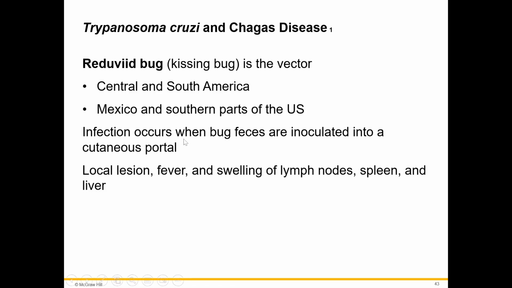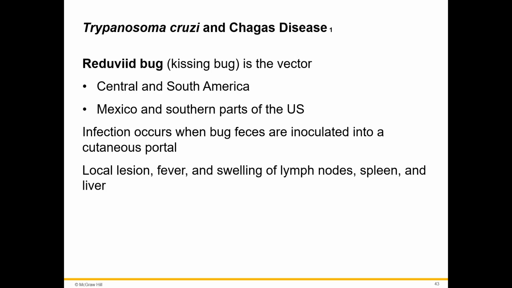But yeah, infection occurs, however, when the bug feces, right, are inoculated into a cutaneous portal. So usually when these bugs are biting on you, they're also, for lack of a better term, defecating on you as well.